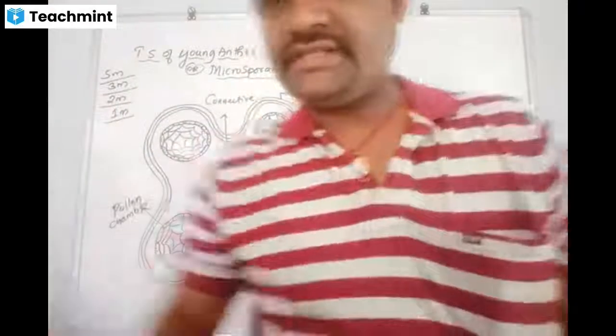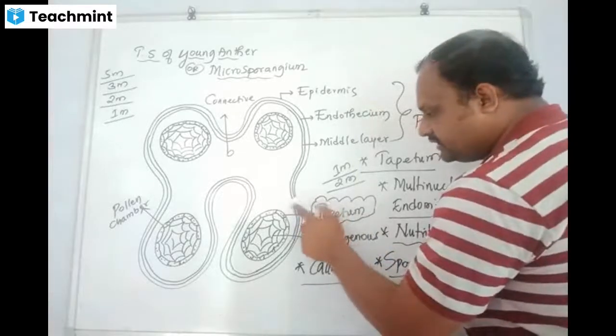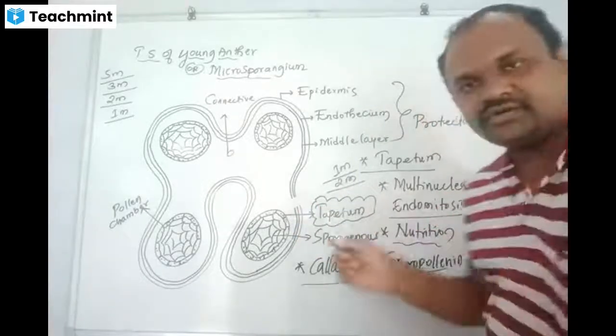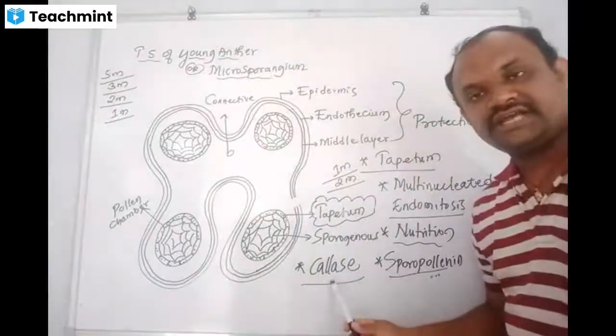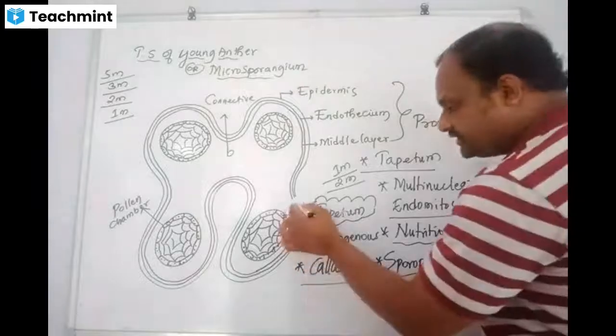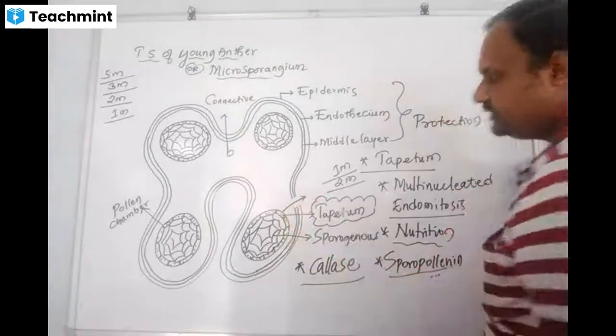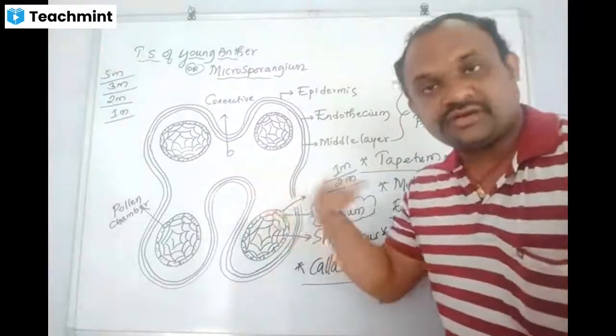The callase enzyme digests the epidermis, endothelium and middle layer, and helps the anther to release the pollen grains.